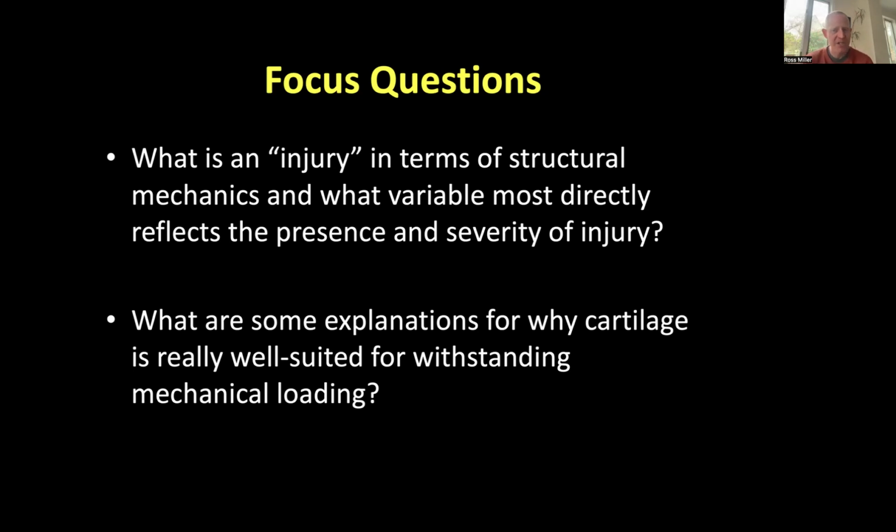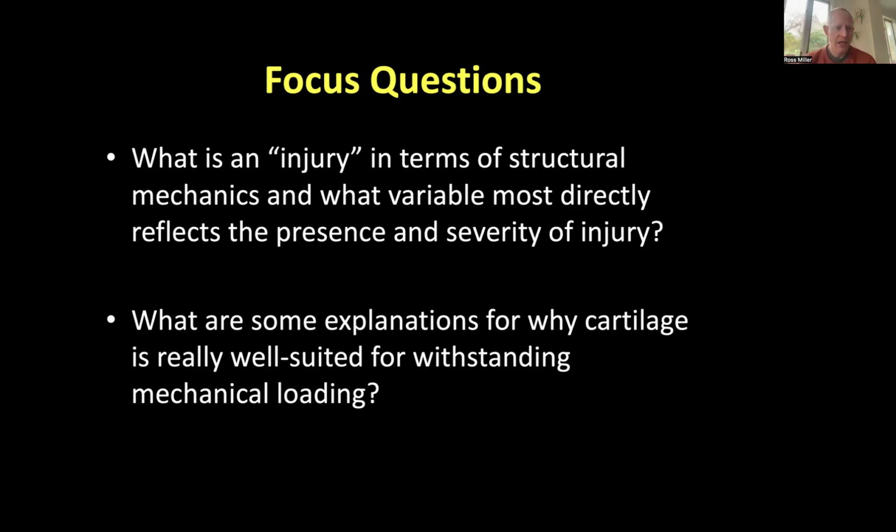We covered a number of explanations for why cartilage is really well suited for withstanding a lifetime of mechanical loading, at least in many cases. The shape and structure of the collagen fibers makes it really hard to load those fibers in tension when you're squishing them from the top.